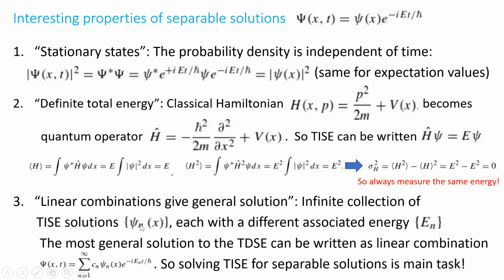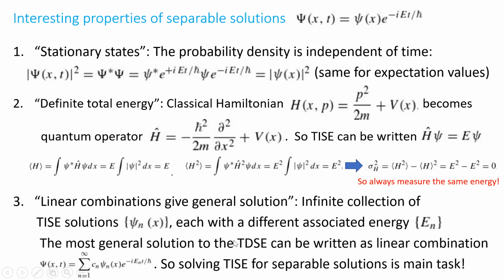In fact, an infinite collection in general, which we label as psi n of x. So it would be psi 1, psi 2, psi 3, on up to psi infinity, each with a different associated energy E n. So there's psi 1 with E1, psi 2 with E2, and so forth. And we'll see a definite example of this in a minute with the infinite square well.